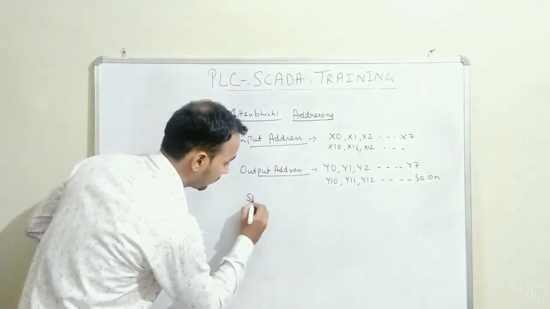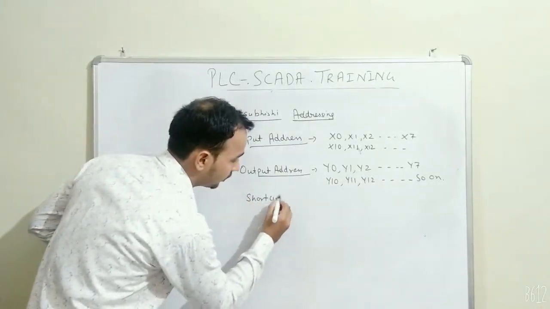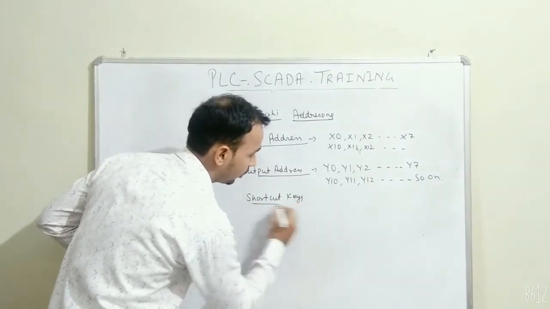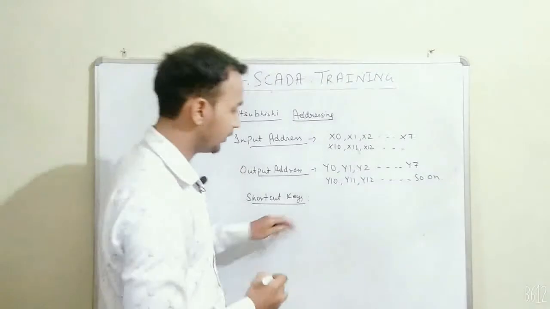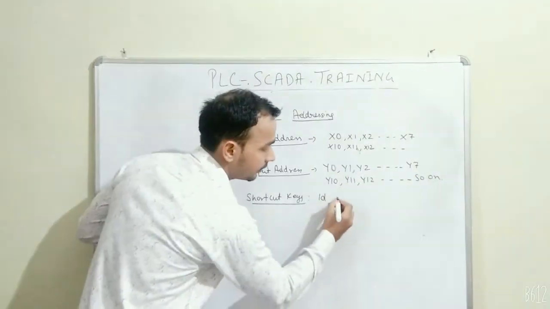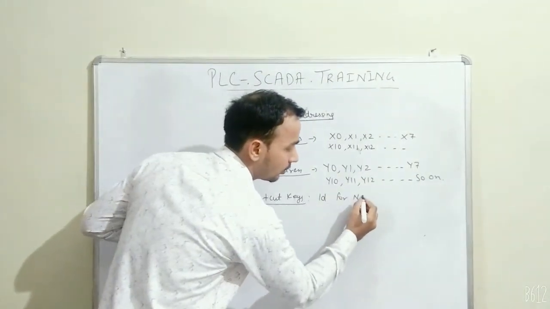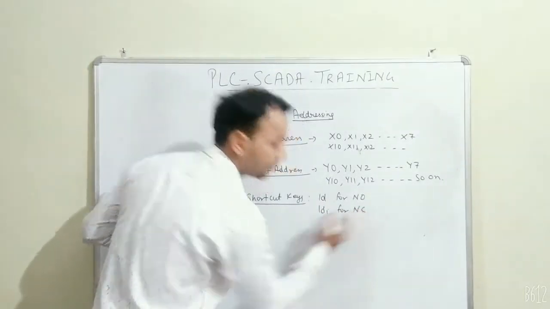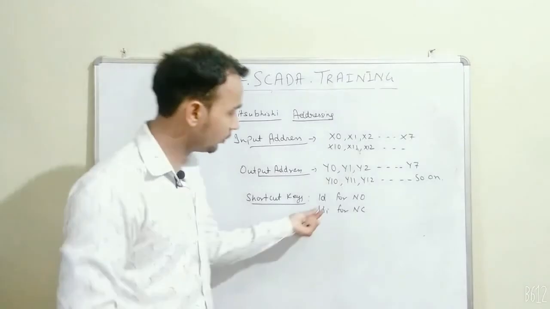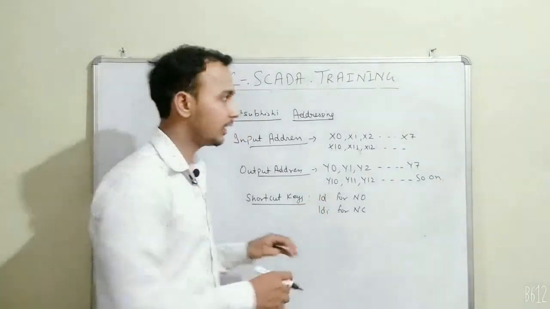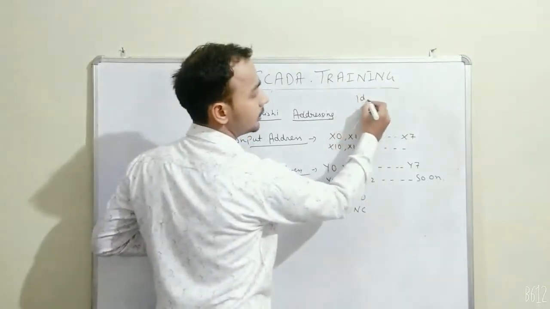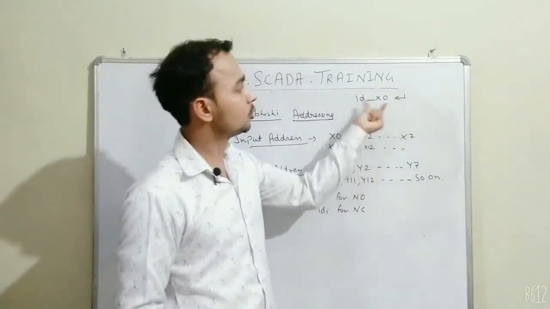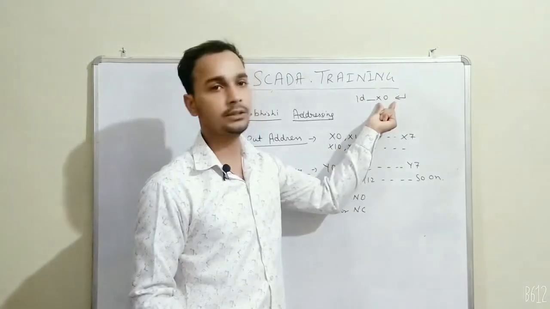Shortcut keys. For shortcut keys we always use LD for NO and LDI for NC. We always type like LD space X0, and once we enter, you will get the NO switch of X0.